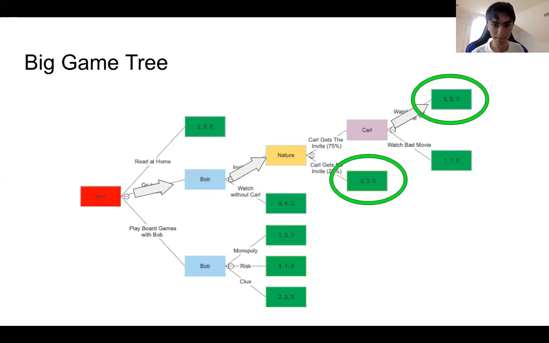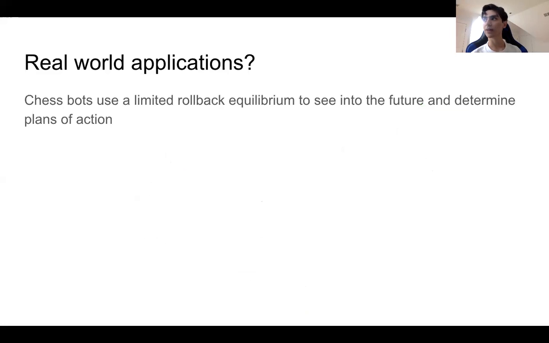So what are some real world applications of sequential games? The most obvious one is that chessbots use a very limited rollback equilibrium in order to see the future and determine plans of action. The reason they can't do complete rollback equilibrium is because when you are doing a sequential game, you have to map out all of the possibilities, right?